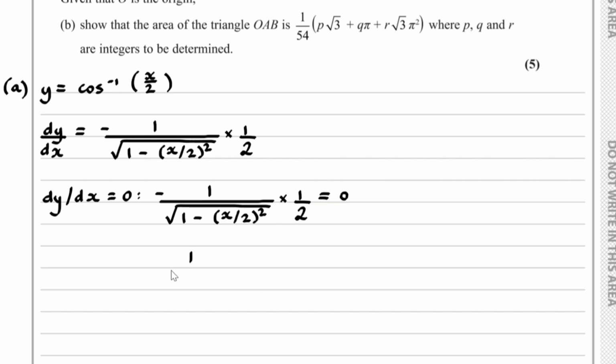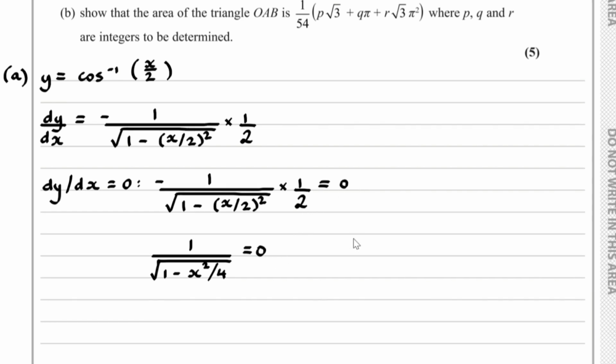So we have 1 over the square root of 1 minus x squared over 4, equal to 0, because what I've done here is divided both sides by -1/2.